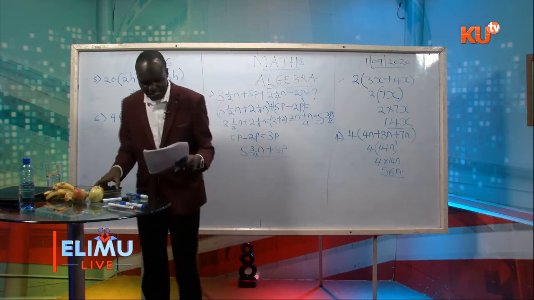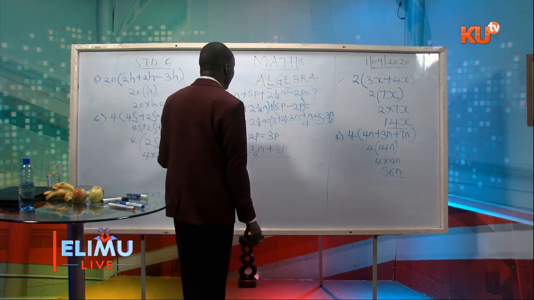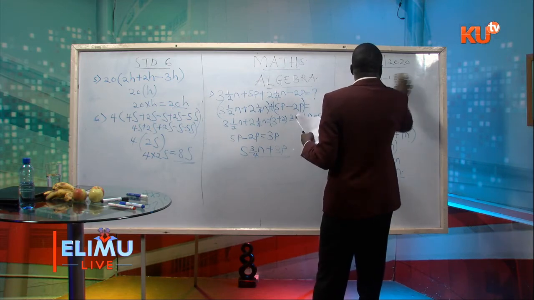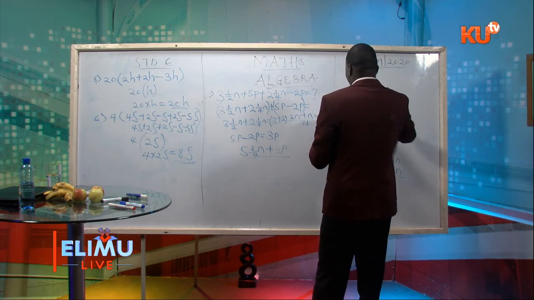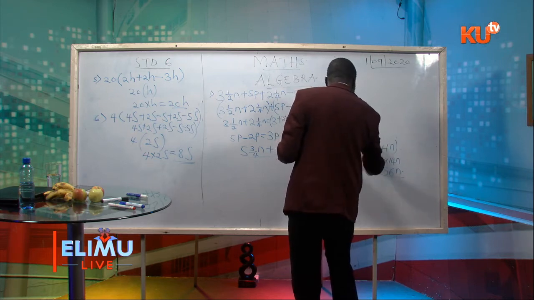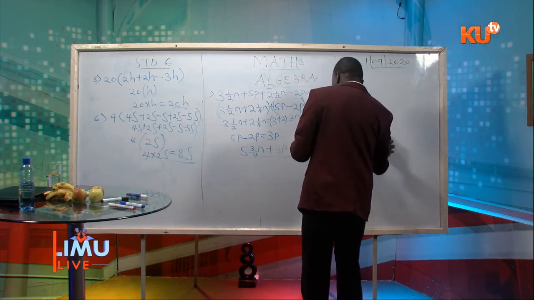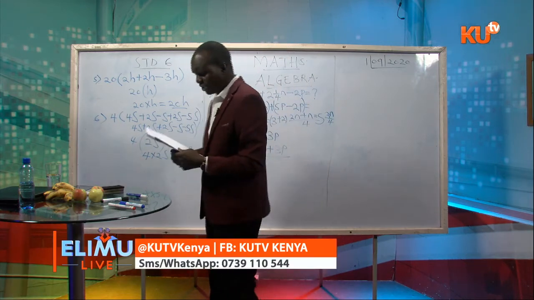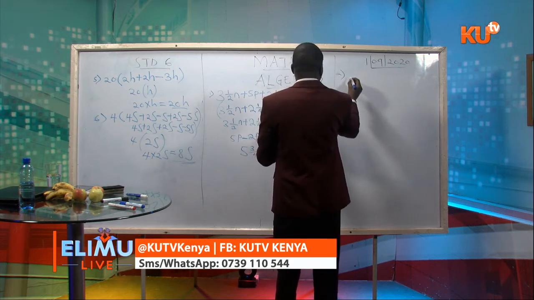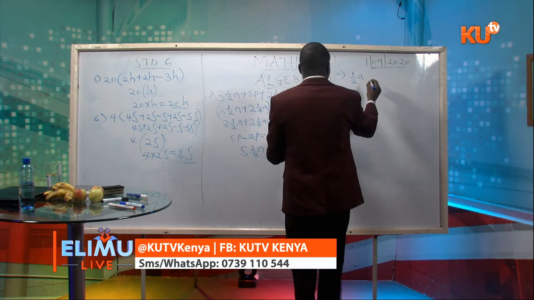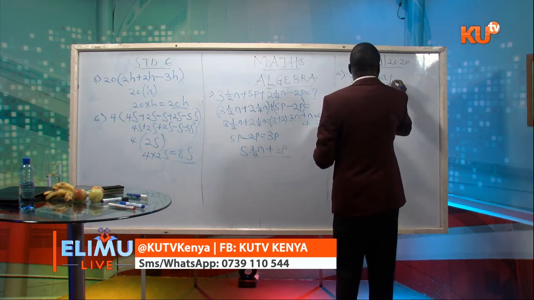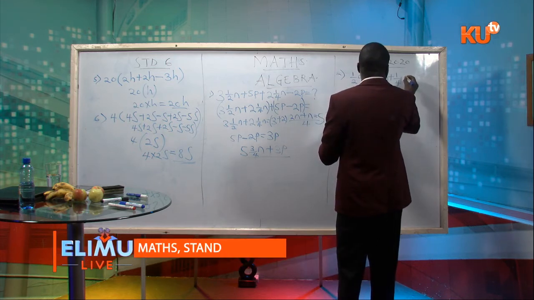The next example on simplifying algebraic expression is as follows. I have 1 over 2a plus 1 over 3a plus 1 over 4a.